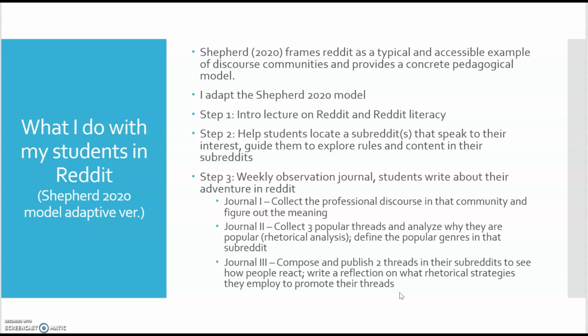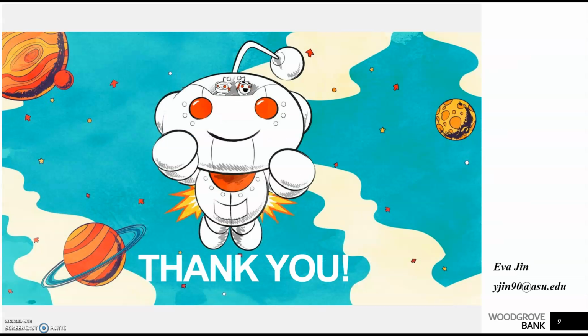For example, if their thread failed, like getting removed instantly, they will figure out why. And if tons of people upvote their threads, they will also analyze why their thread became popular. So that's what I do with Reddit with my students, and they enjoy it a lot.